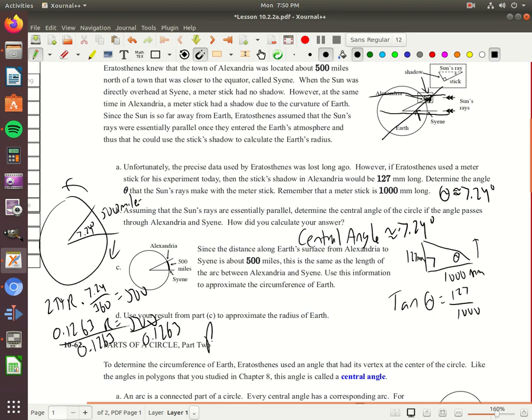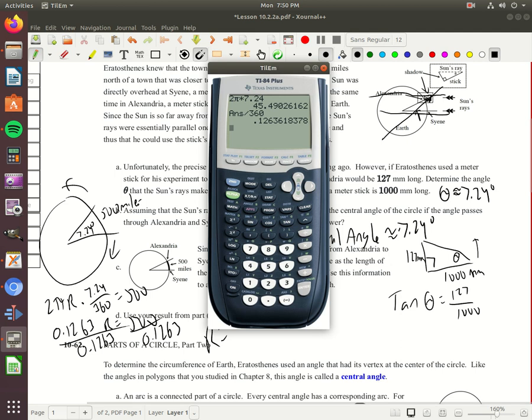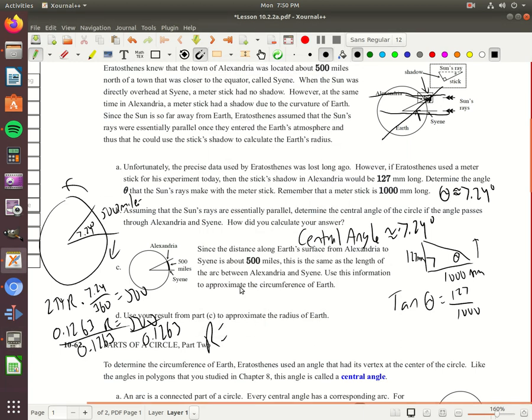When I divide this, I'm going to get a radius of, again, I'll divide this 500 by my answer. So I'll just go second answer, and I get 3,957 is going to be my radius. 3,957 miles is my radius.